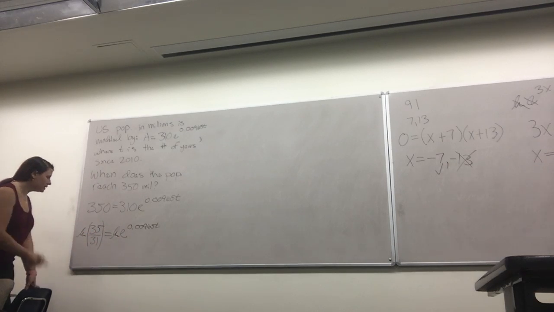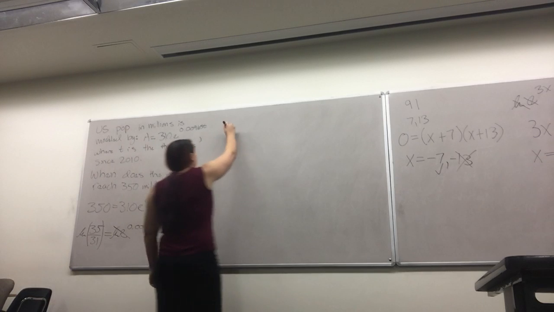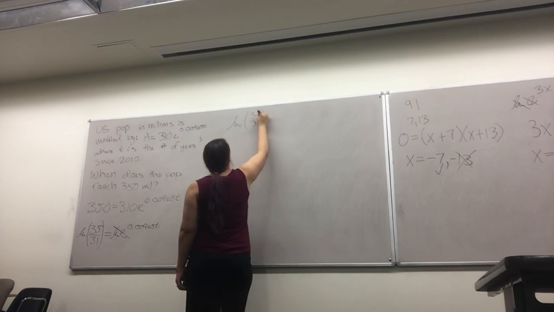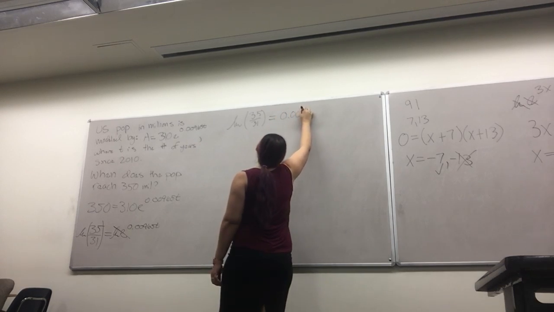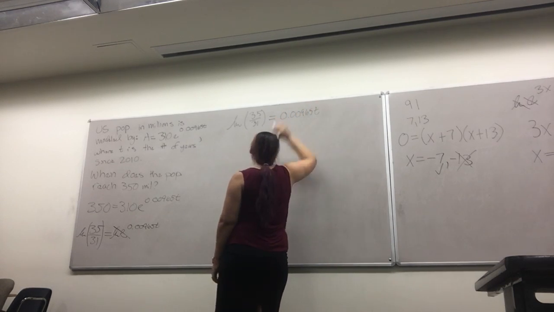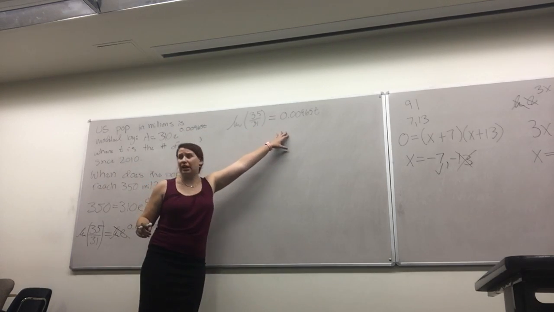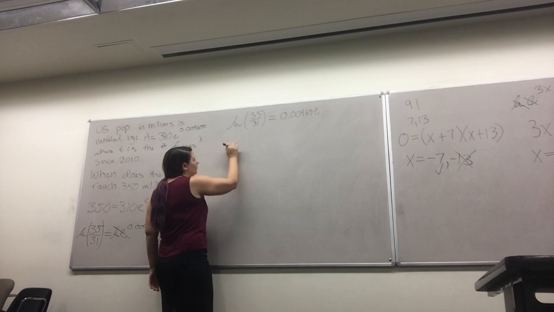And then natural log of that side, so that those cancel. And then we have the natural log of 35 over 31 is equal to 0.00965t. So t is just this divided by that decimal, right?